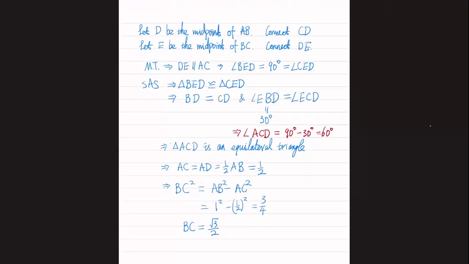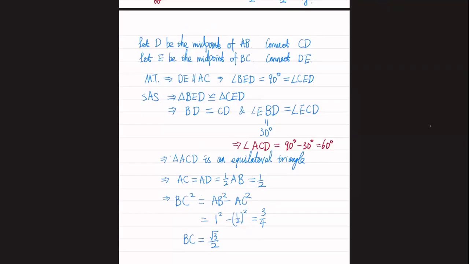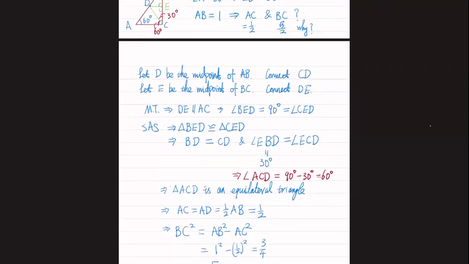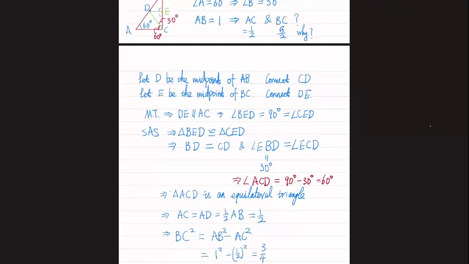That's how we find the lengths of the two sides of the right triangle with angle 60.